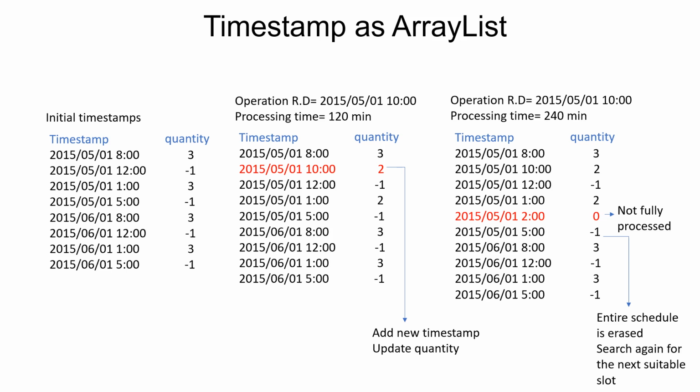Then the processing will start from 1 o'clock, but we have only 1 hour, as at 2 o'clock the quantity becomes 0. That means we have only 180 minutes for processing, and the operation is not fully processed. In this scenario, the entire schedule that we have generated is erased, and we have to search again for the next suitable slot.